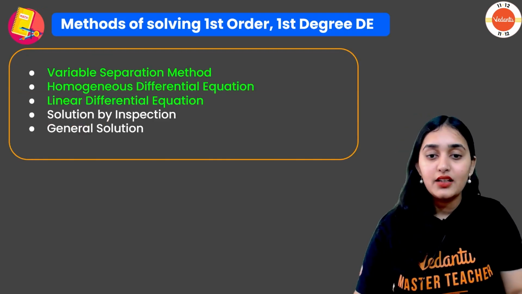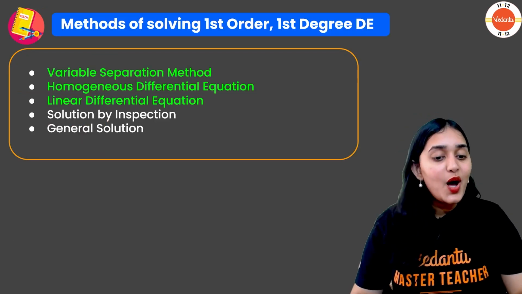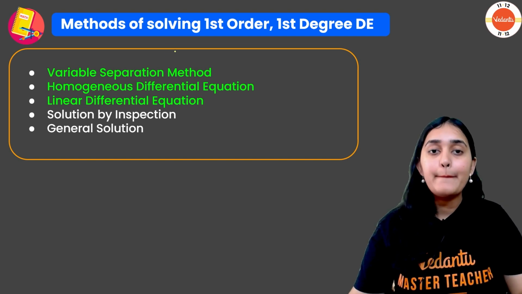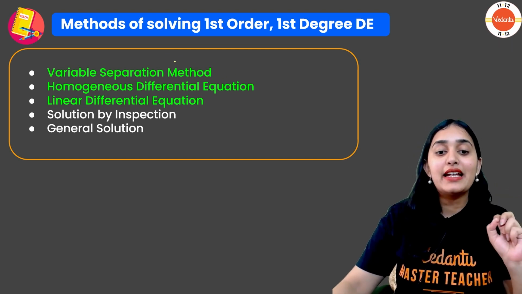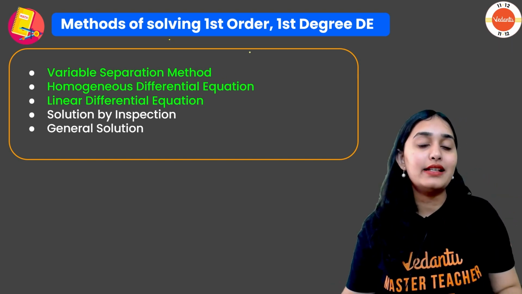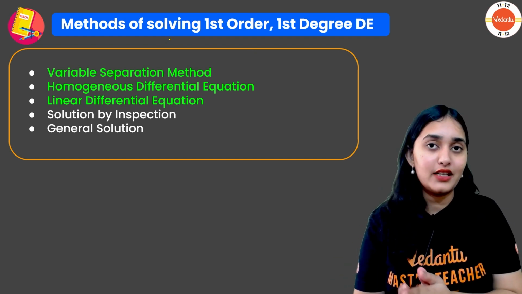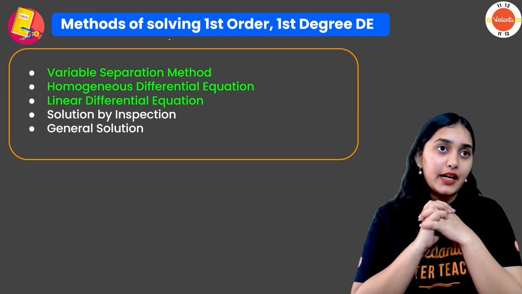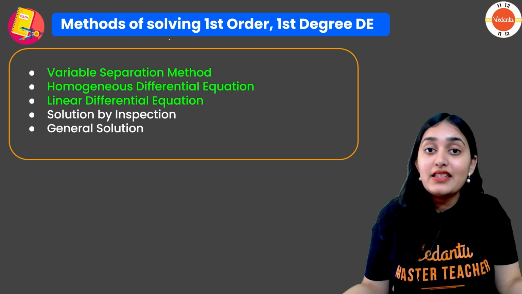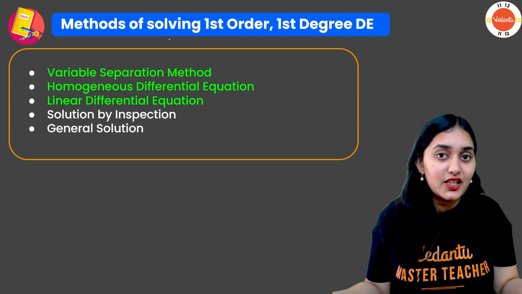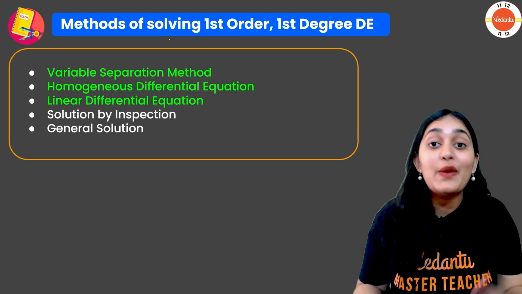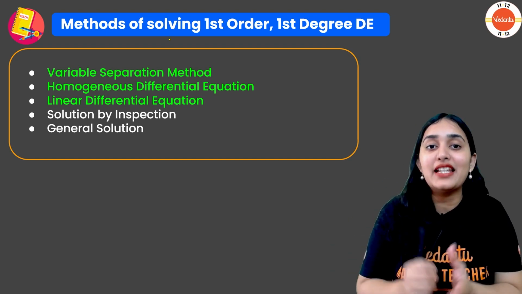Okay, you'll remember. Now let's solve some methods for finding out solution of first order and first degree differential equation. Till now I have taught you what is a general solution, what is a particular solution, but I have not told you how to find out general and particular solution.